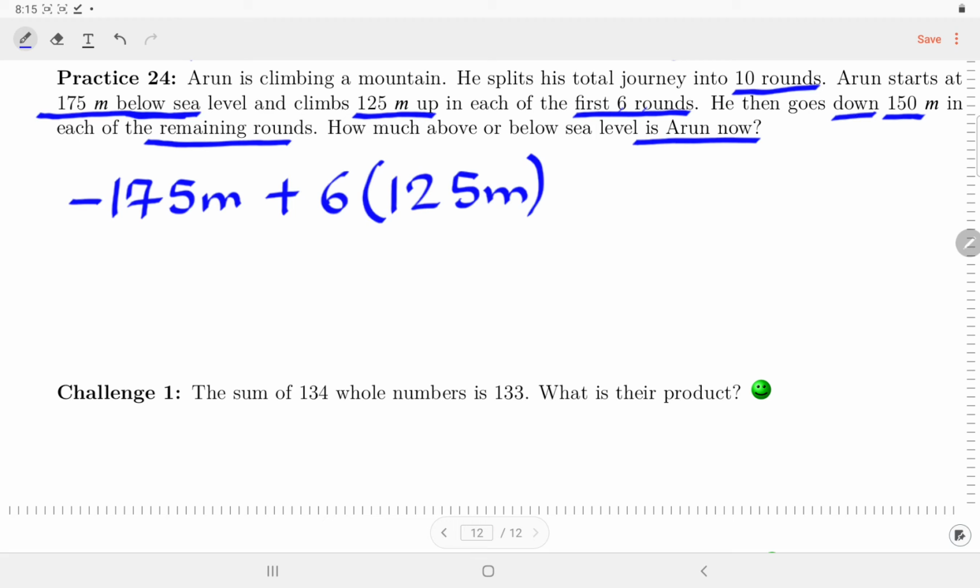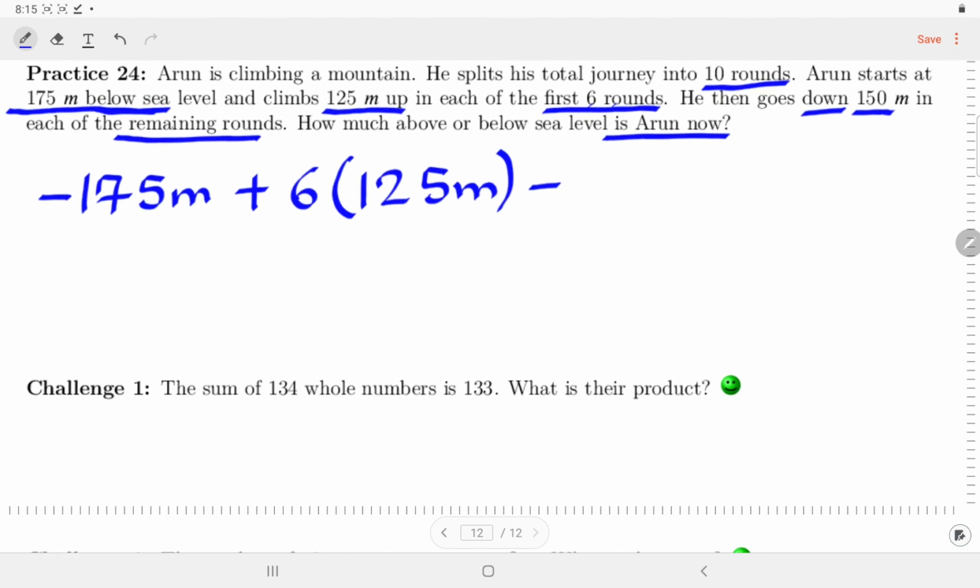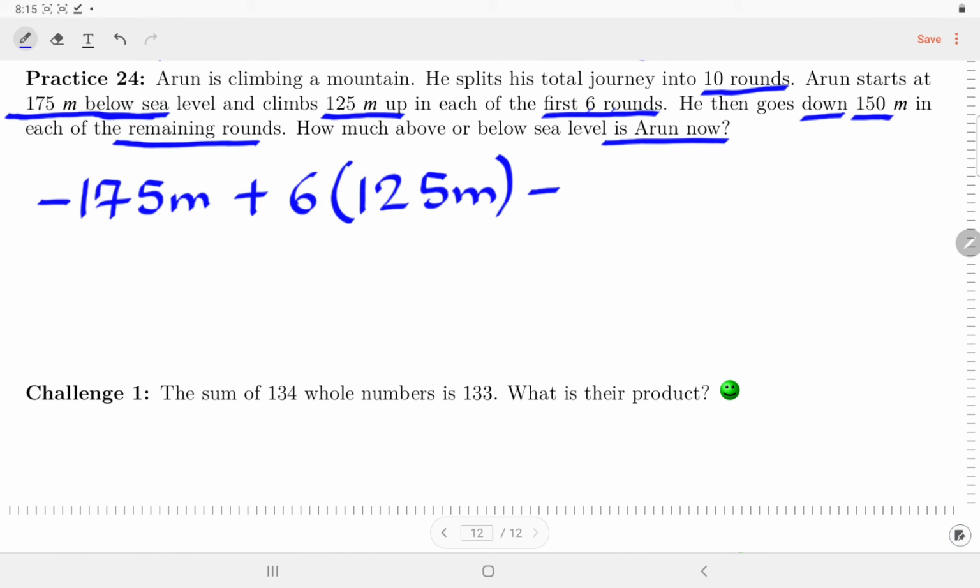He then goes down. That's minus 150 meters in each of the remaining rounds. How many remaining rounds do we have? Total is 10. First 6 he went up. There are 4 remaining rounds. 4 times 150 meters.